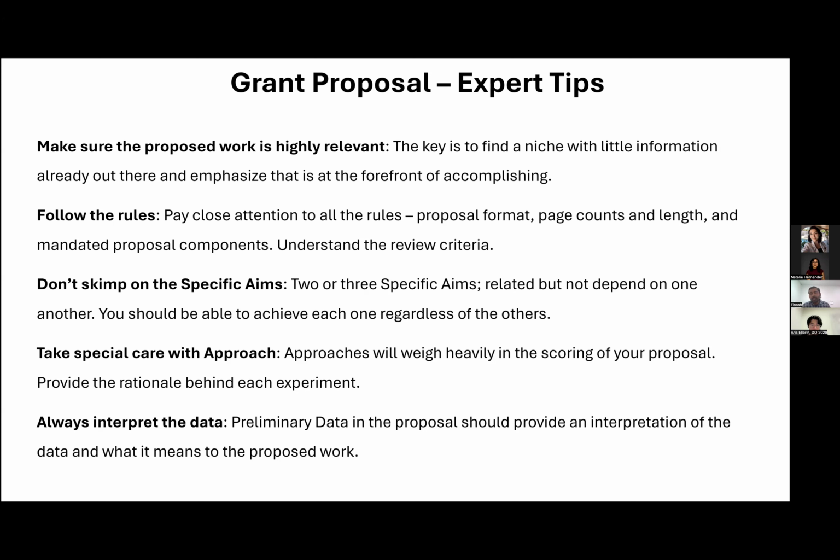So we need to give very thorough emphasis on how we are going to test our hypothesis, how we are planning experiments, what experiments we are going to do, and whether we have expertise in all these things. If not, how are we getting additional expertise, whom are we collaborating with, do we have access to their lab facility, their core facility? All these things should be included in that approach section.